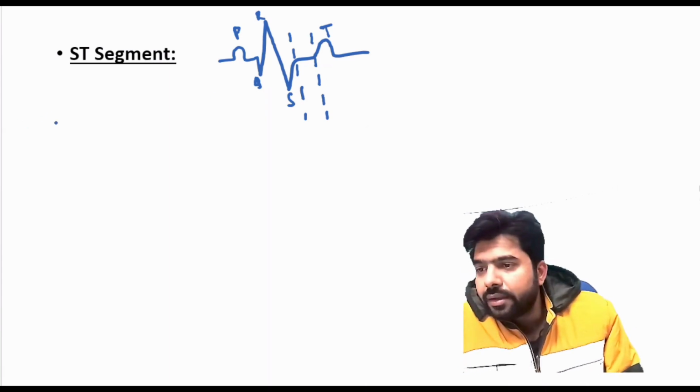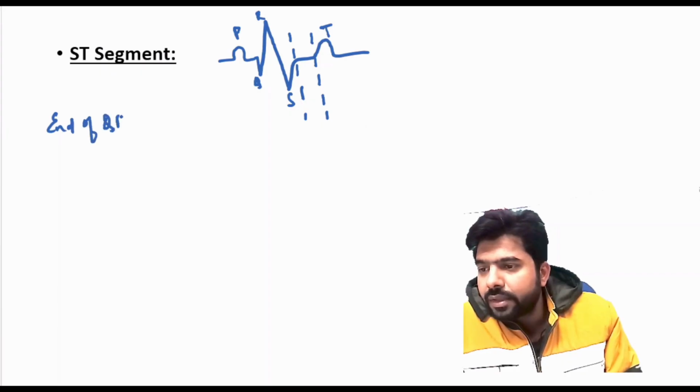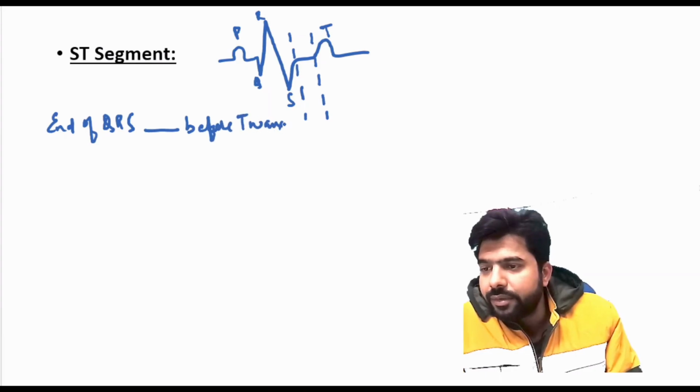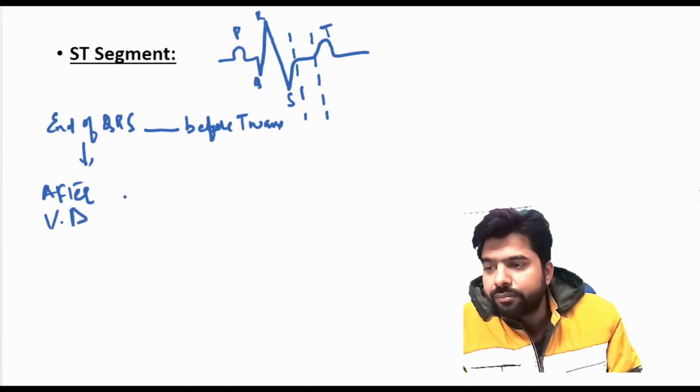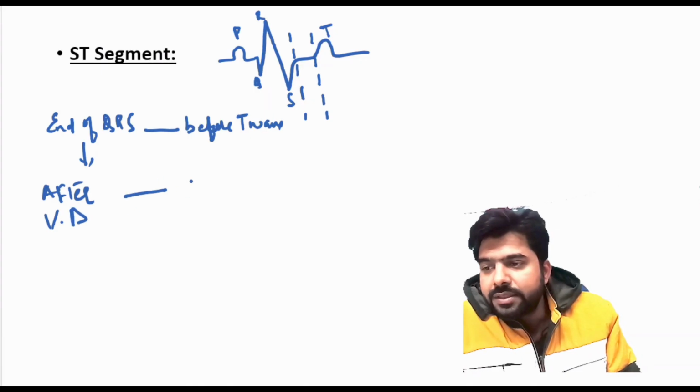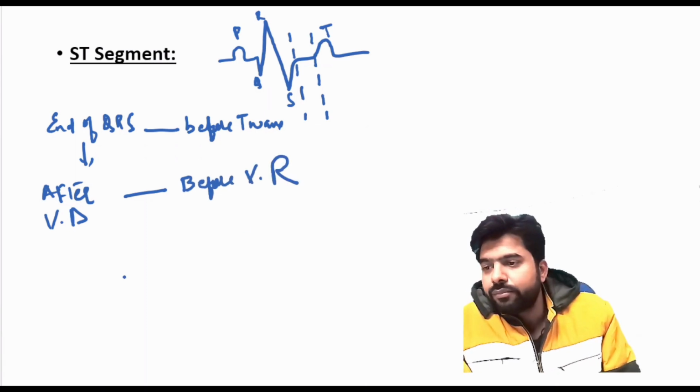Okay. So ST segment forms at the end of QRS complex and before T wave. End of QRS complex means after ventricular depolarization, and before T wave means before ventricular repolarization.